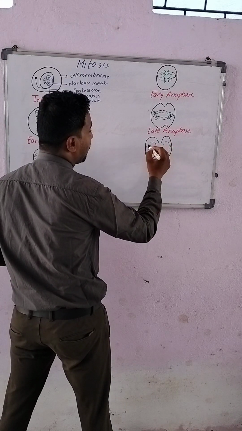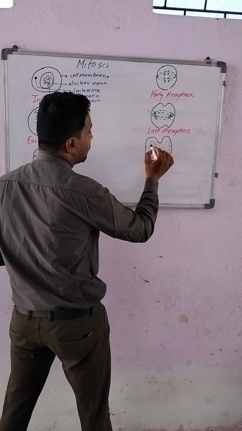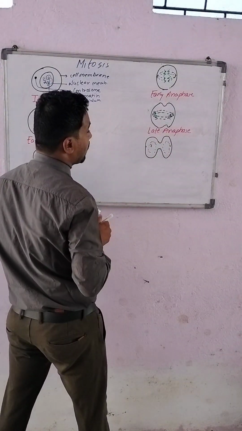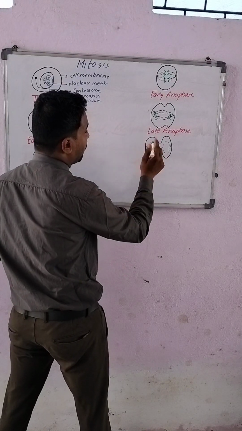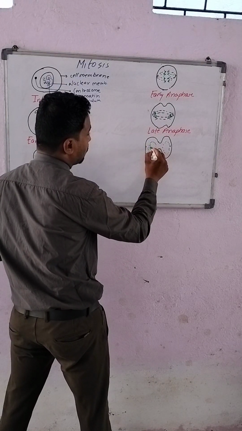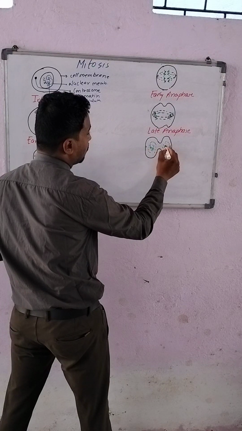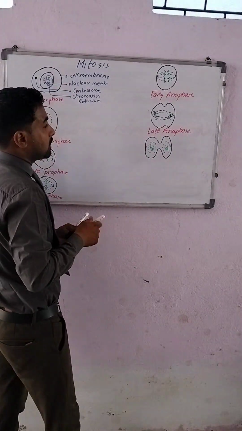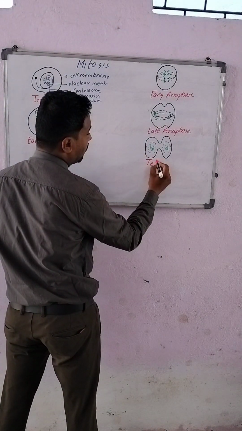Asters are there and the chromosomes are coiled here. This stage is known as telophase.